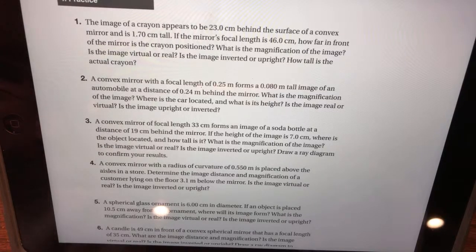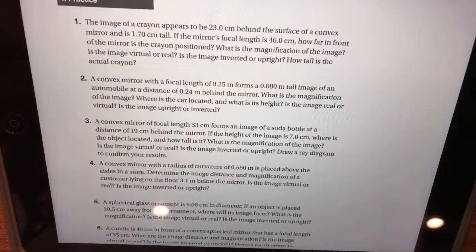So we're going to have a test next week about mirrors, a little bit about light, and about sound. Theoretically we could have it Monday, but I don't think I like Monday tests as much. So we're going to do the test on Tuesday. I think we should be all ready for that.